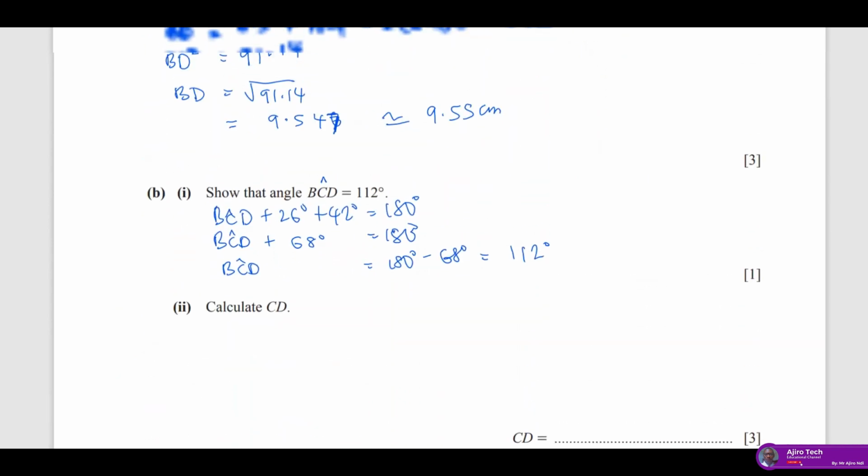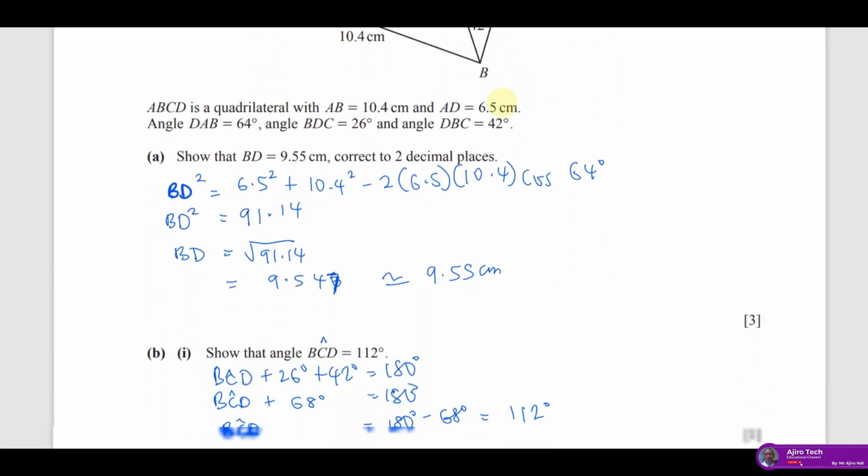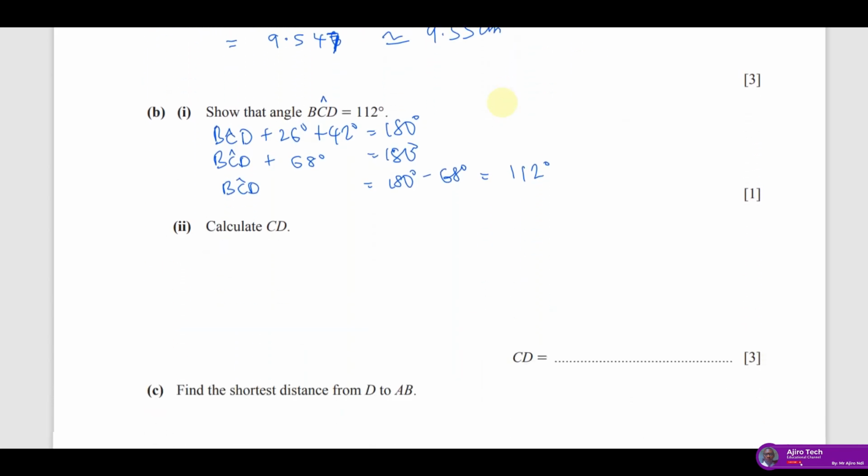Next thing to do is to calculate CD. Line CD is this one here. It is facing angle 42, and then the other side 9.55 faces angle 112. So you can easily apply sine rule because a side and its corresponding angle are involved here.